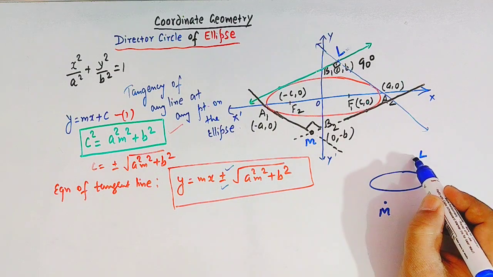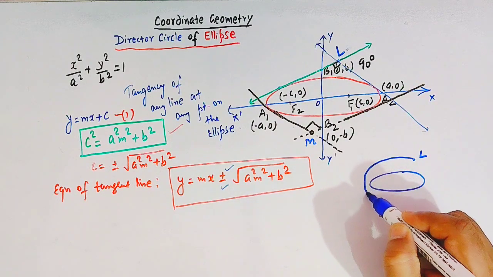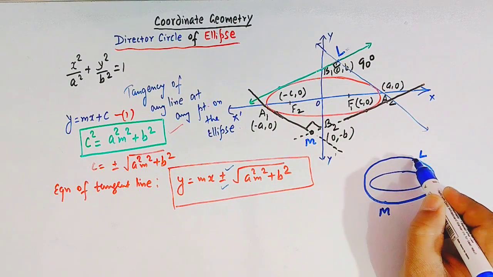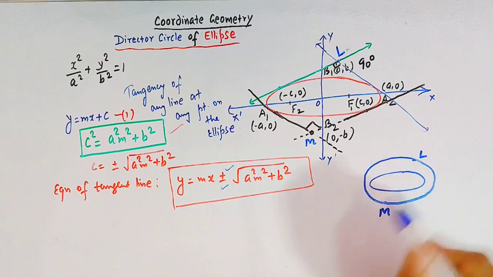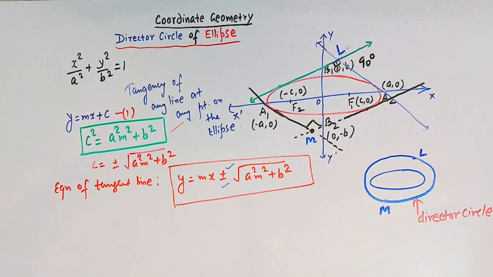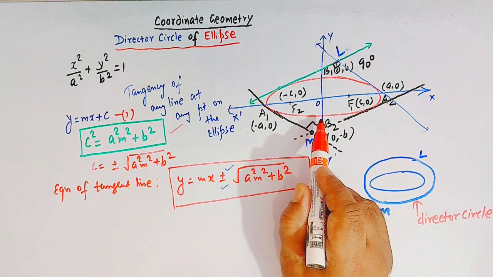Now if we draw a circle like this, this is not an exact circle, but this circle is known as the director circle of this ellipse. So viewers, this is the director circle of this ellipse, right?